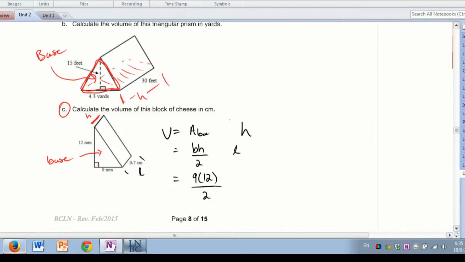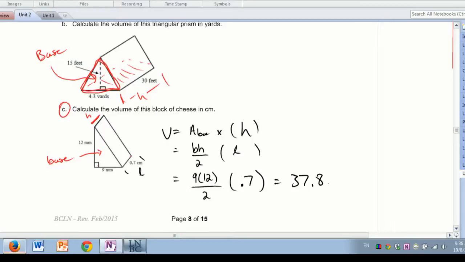I'm not adding, I am multiplying. I'm going to multiply that by the length, which in this case is 0.7. So I have 9 times 12 divided by 2, and then I'm going to multiply that by 0.7. So I get 37.8.